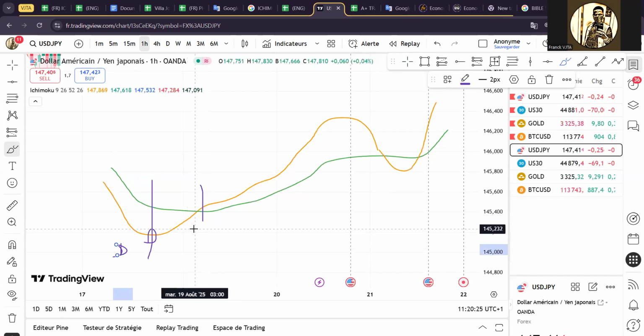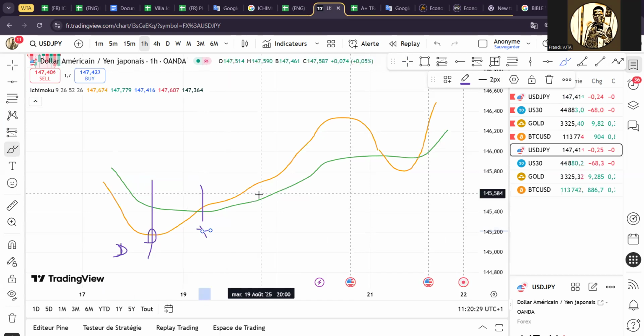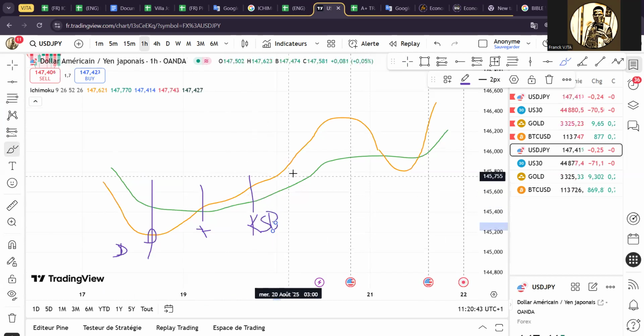Then the TK cross will be the next phase. After that, you will have the candle that goes above the cloud that creates the KSB, right? The KSB will be another phase that is more secure. KSB is a diamond cross, a more secure trend.